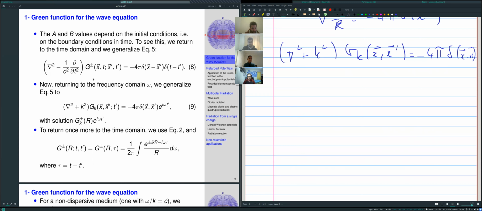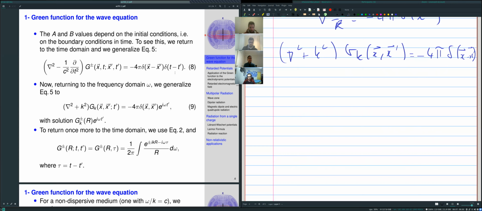But now I'm generalizing this equation. So this is a new equation I'm trying to solve here. Equation 8 is similar to what I've got written here, but in the right-hand side I've included a delta term on time.